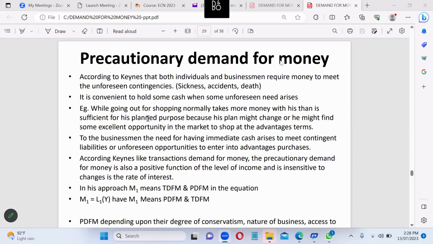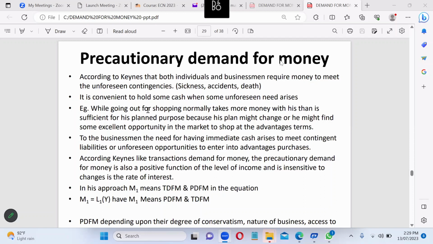We don't know whatever we want to purchase or whatever happens. Sometimes sickness happens, sometimes uncertain things also happen. So we are holding money excessively for different purposes, one is transaction and the other precautionary.